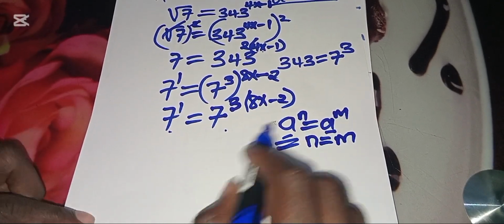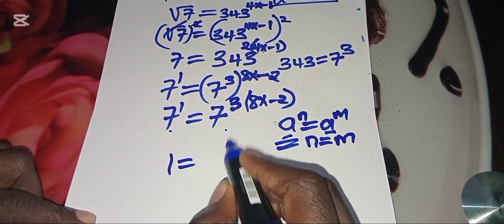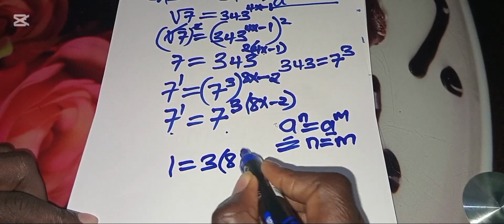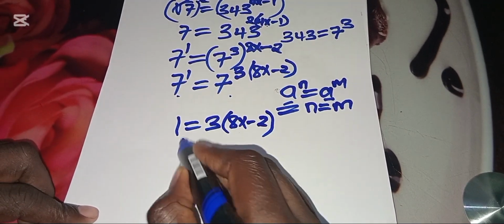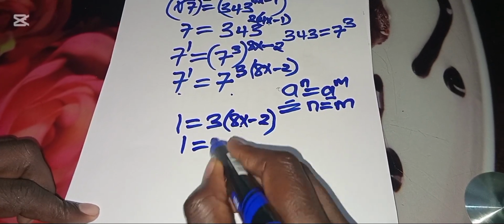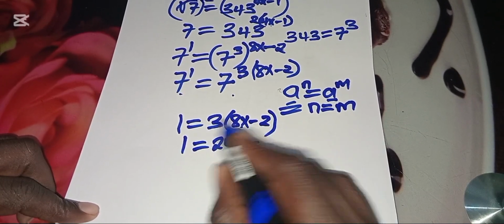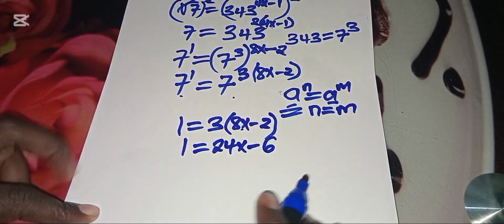So we are going to have 1 is equal to 3 multiplied by 8x minus 2. So that we're going to have 1 is equal to 8 times 3 is 24x minus 3 times 2, this is equal to 6.